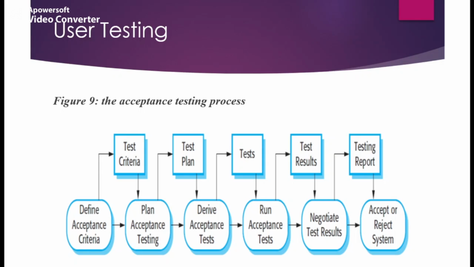It's like compromising; if you get near to some value, you can negotiate the test results, and then a testing report is generated. Based on that report, you can decide whether to accept the system or reject the system.